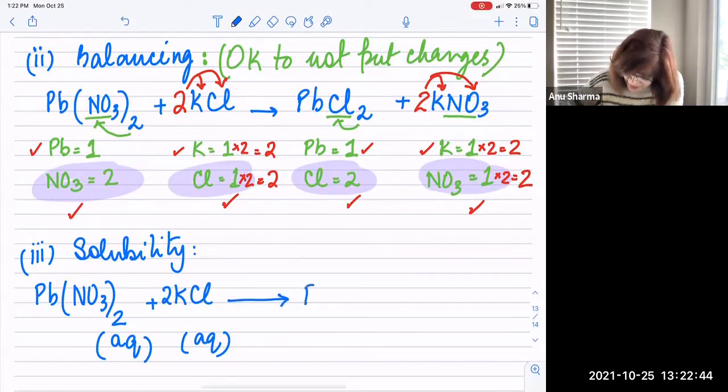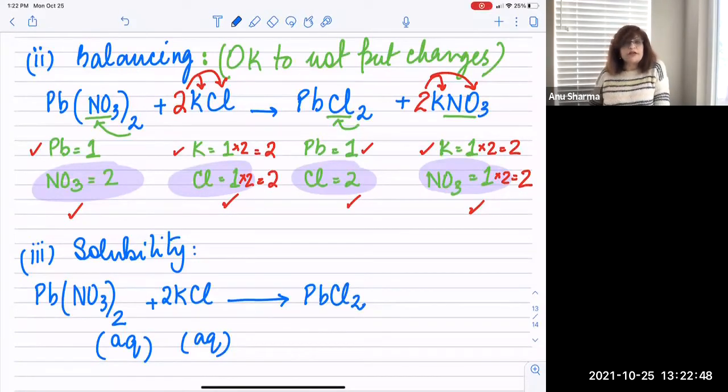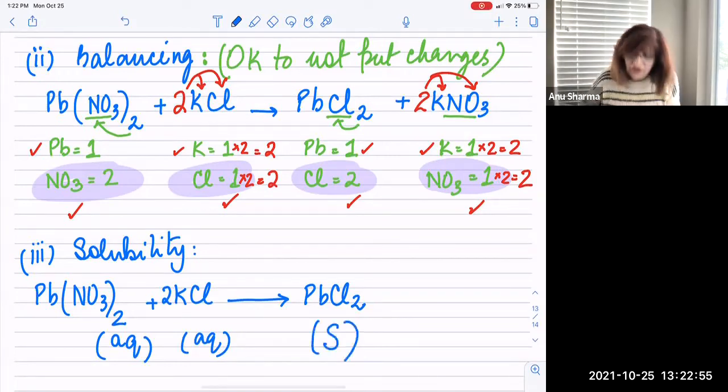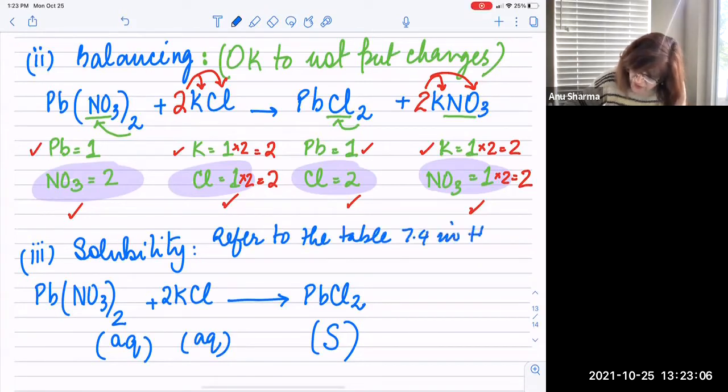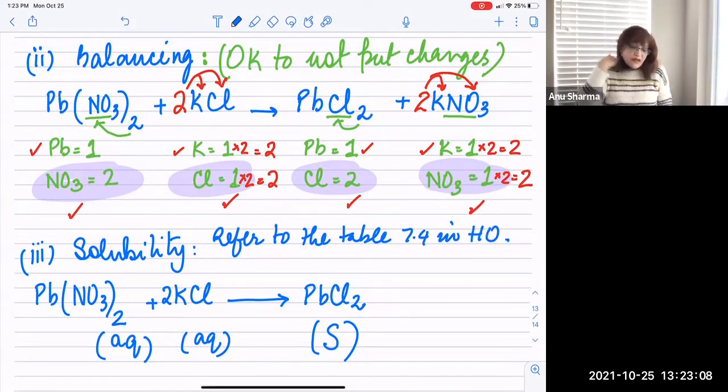This is giving you PbCl2. All chlorides are soluble in water except, so this one is an exception, lead PbCl2. So this is going to be a solid. So always refer to table 7.4 in the handout.